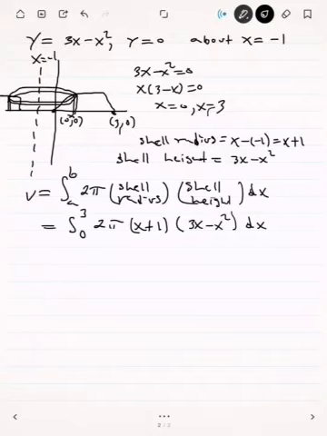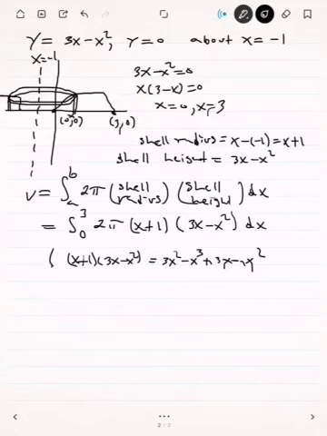Now you just have to, here in parentheses, I'm just going to put, what is x plus 1 times 3x minus x squared. If you FOIL that, you get 3x squared minus x cubed plus 3x minus x squared.